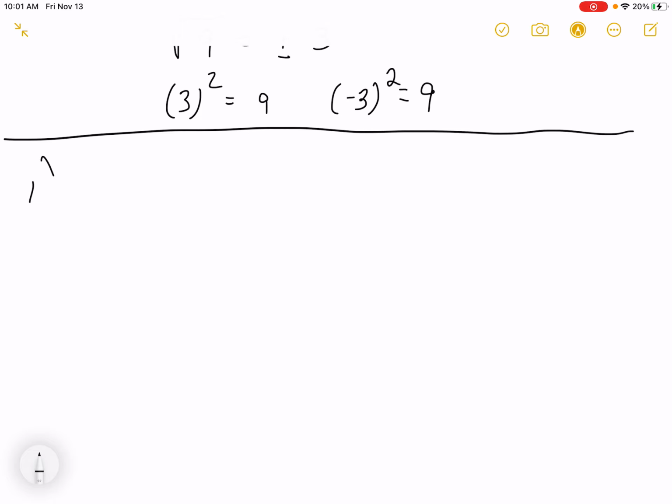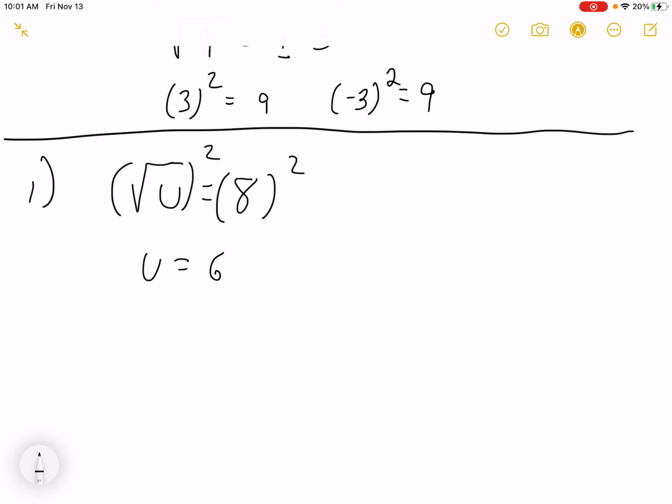All right, let's take a look at some examples. Number 1, square root of u equals 8. We're going to square both sides. On the left side, square root of u squared just becomes u, and the right side is 64.